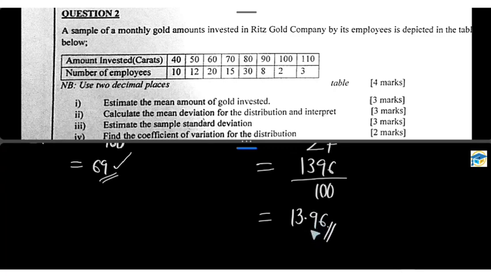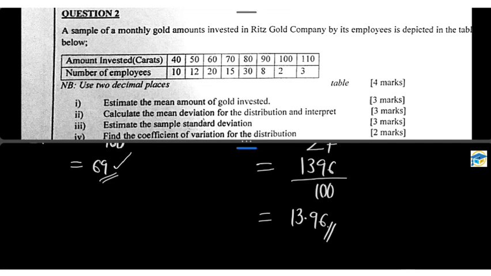We know the mean amount is 69, and we know the mean deviation is 13.96. So to interpret this with respect to the mean, we will say that the employees' amount invested, which is on the x values, differs from the mean amount, 69, by 13.96 as the deviation in this particular case.